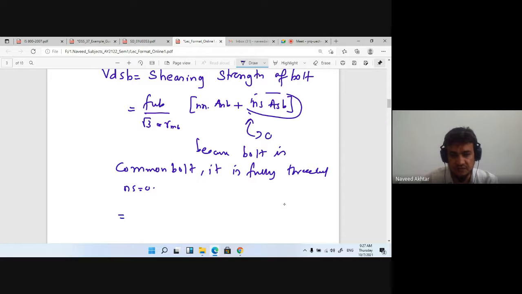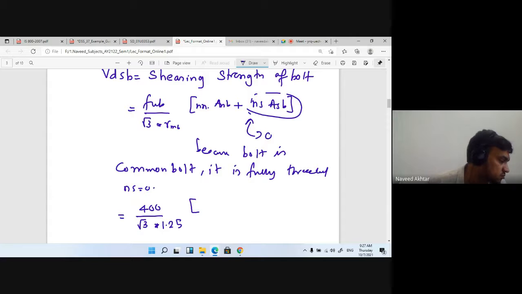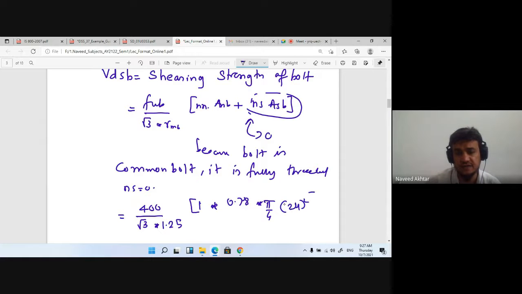But I will write FUB is 400 upon root 3 into gamma MB, which is 1.25, and NN is equal to 1, I will take one shear plane, and ANB is 0.78 times the area, that is pi by 4 into 24 square.